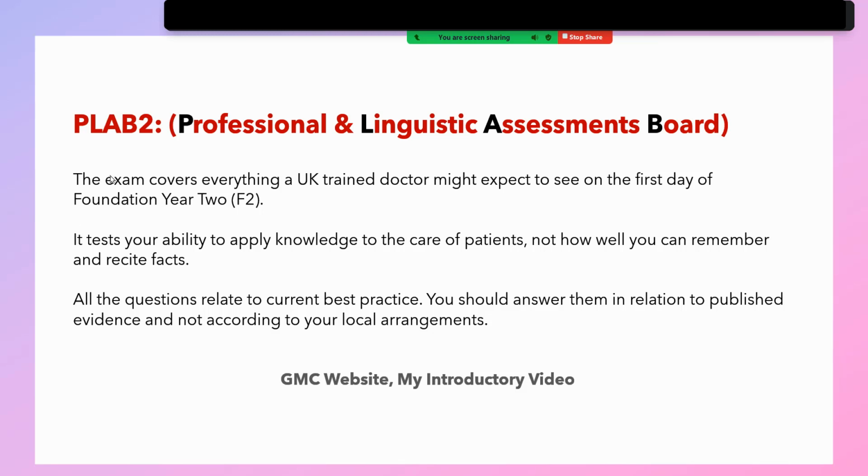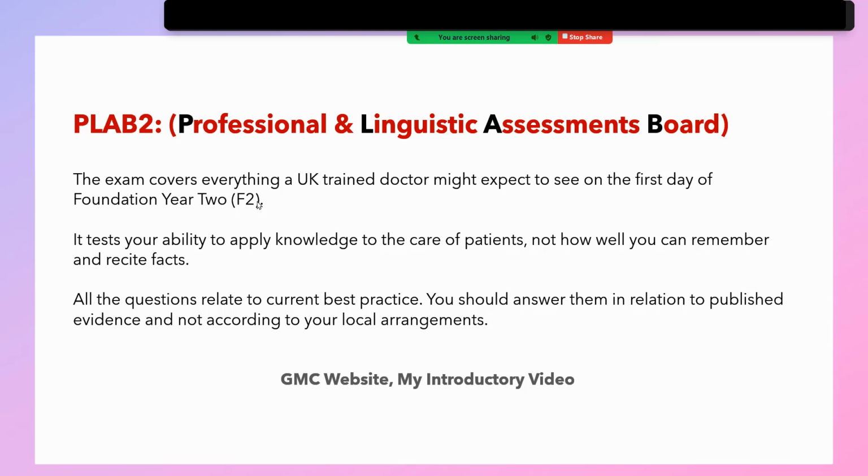All right? The exam covers everything a UK trained doctor might expect to see on the first day of foundation year 2. So the cases that you are going to have in your exam, you will face them on day 1 once you start practicing.